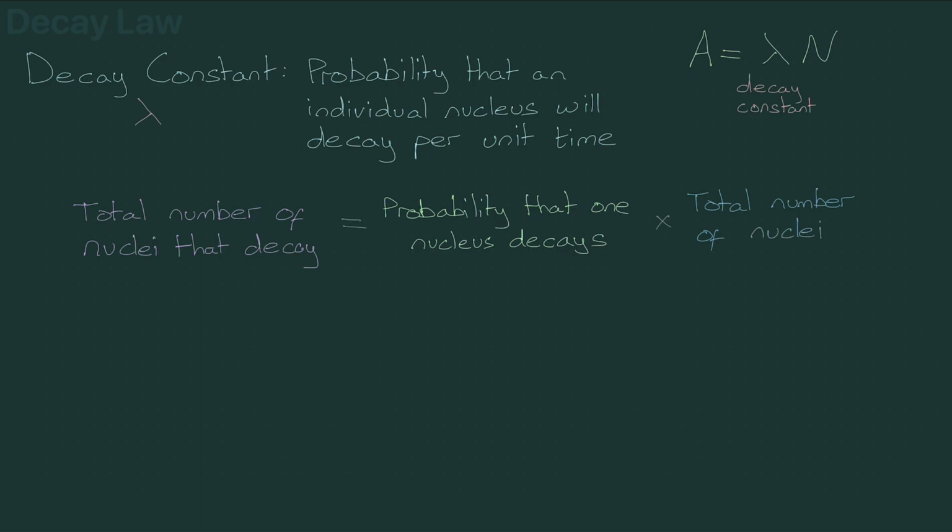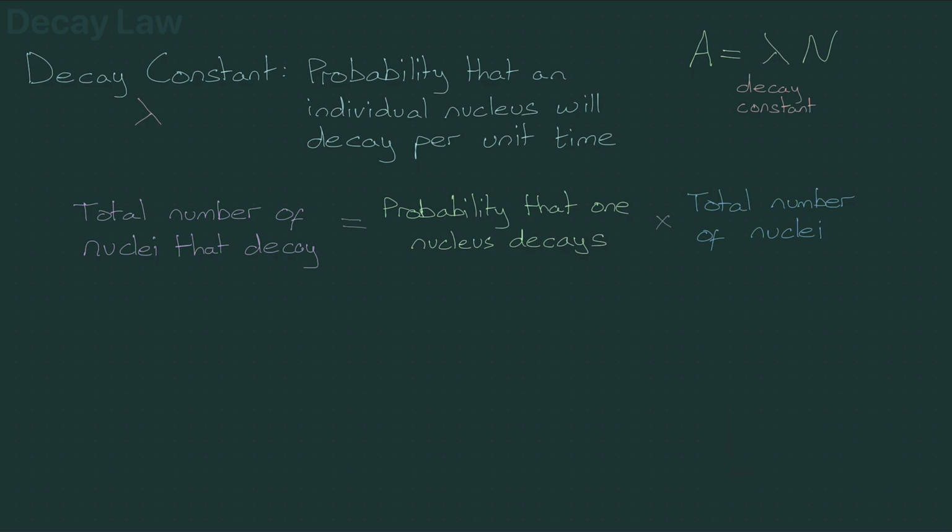If I have 50 nuclei and each nucleus has a 20% chance of decaying, then on average I'd have 20 over 100 times 50 equals 10 nuclei decaying. 20% of them decayed.